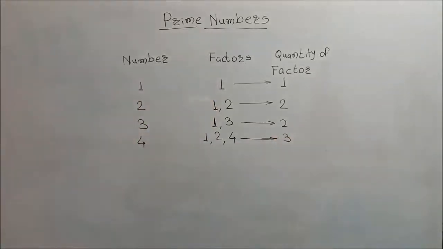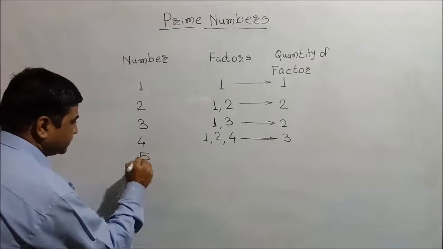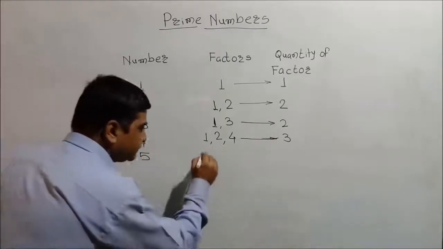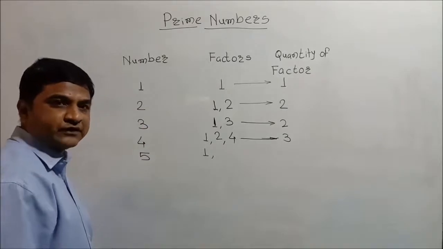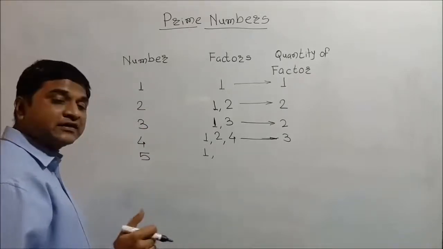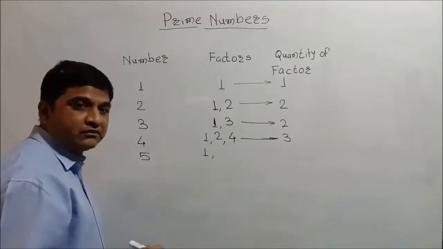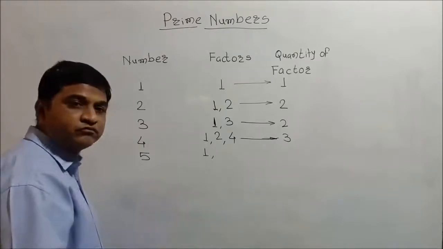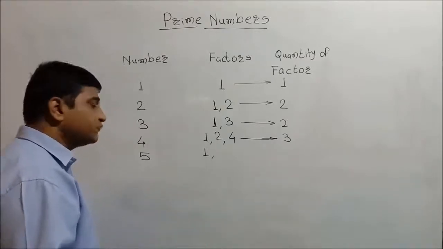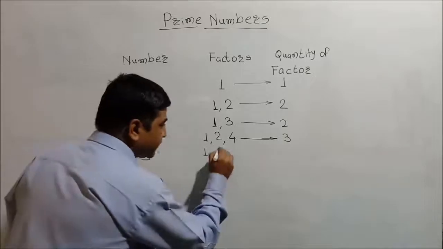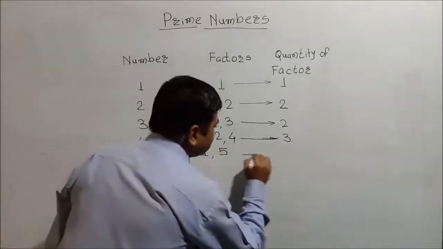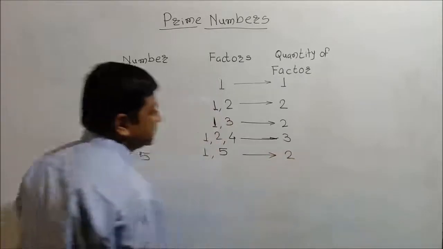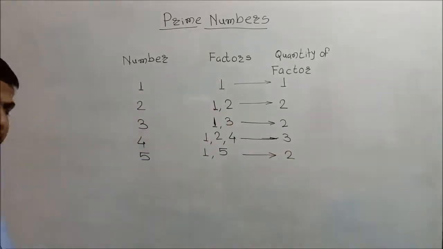Now we'll go for 5. 5 can be divided by 1. Yes. What about the other number? Find out any number that can divide 5 without leaving any remainder. After 1 we are having only 5 as the number which can divide 5 perfectly. And in this case also we get number of factors as 2.